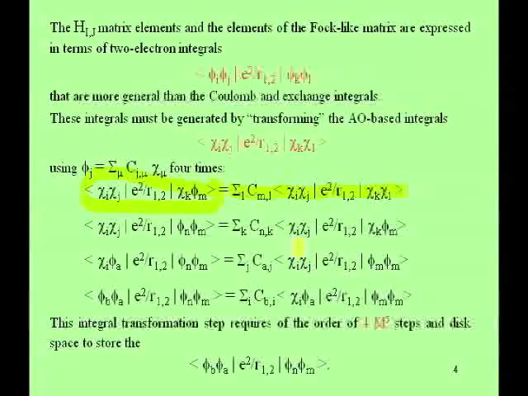There were m to the fourth of those, but because we summed here, this step involved m to the 5th total operations to get all m to the 4th of those.